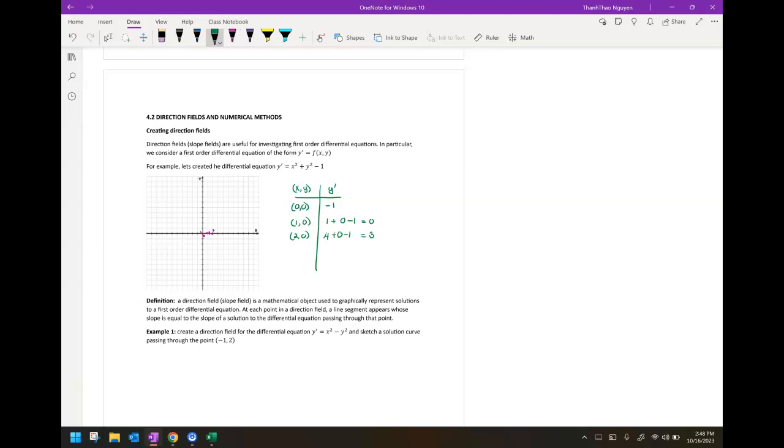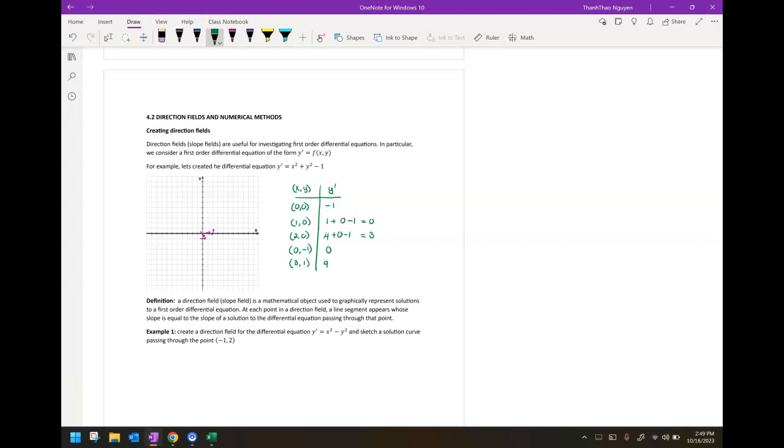Okay, so what happened at 0, negative 1? At 0, negative 1, the slope is 0. What happened at 3, 1?